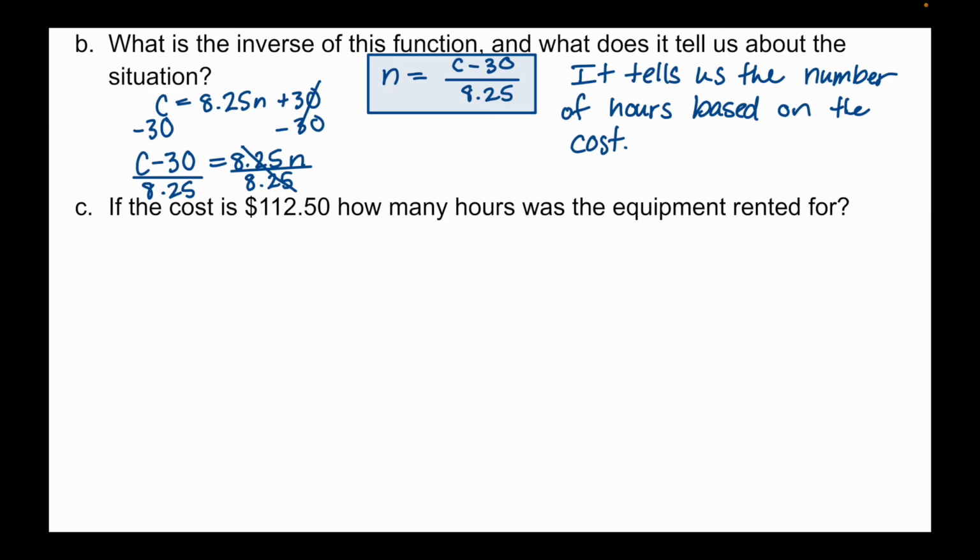N equals, and whenever I plug things in, I like to put them in parentheses. So instead of c, I'm going to put in parentheses 112.50. That is going to be minus 30. And then the entire thing gets divided by 8.25.